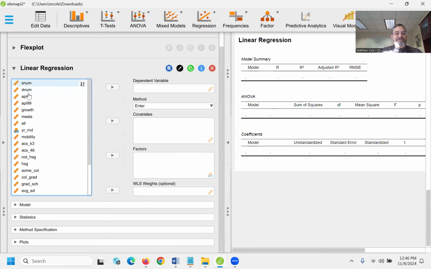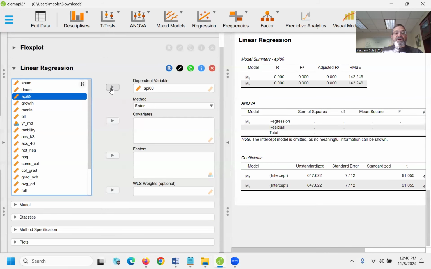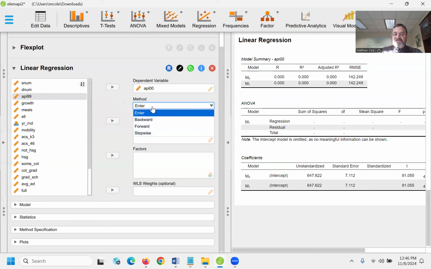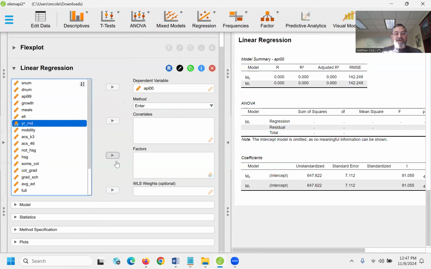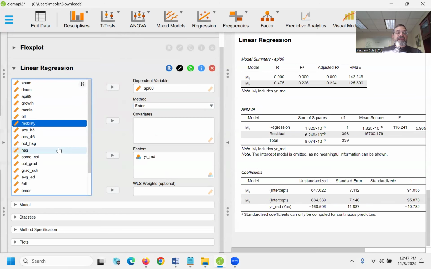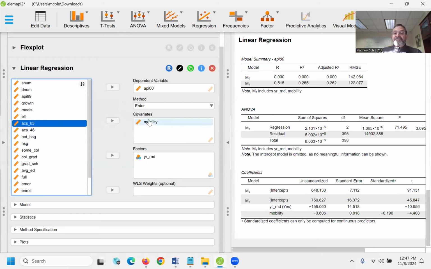And our dependent variable is going to be API. And this method is where we get into the stepwise piece. We're going to do that in a minute. Let's just put them all in at one time. We're not stepping them in any order. And let's do year round as the factor, and mobility as the continuous variable.